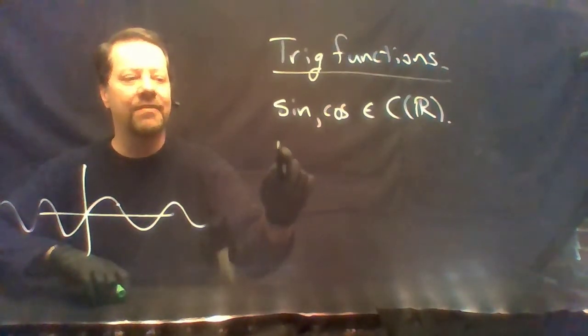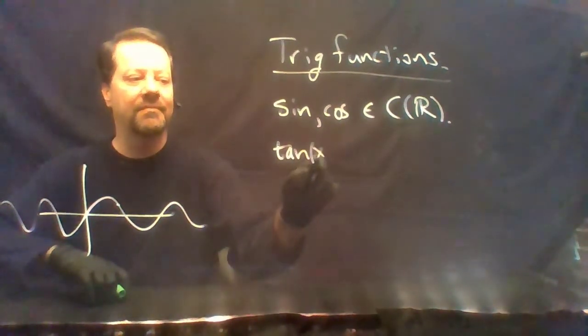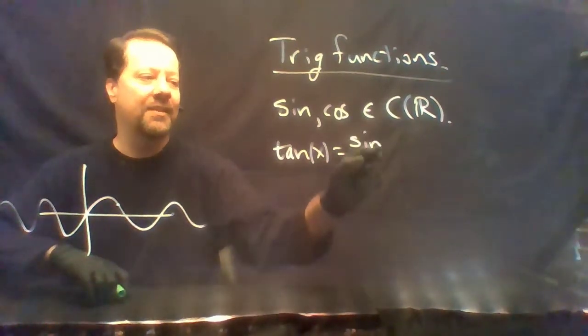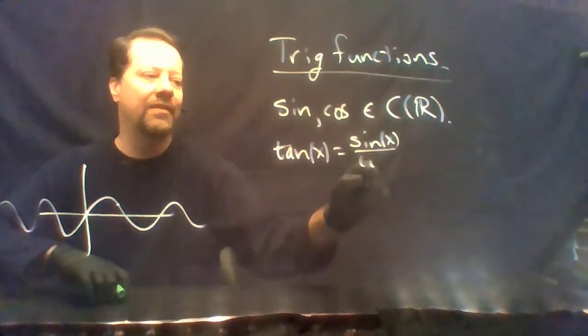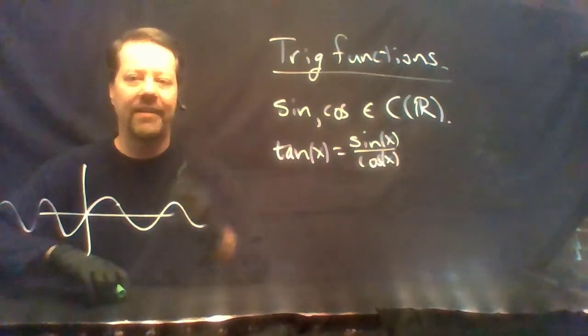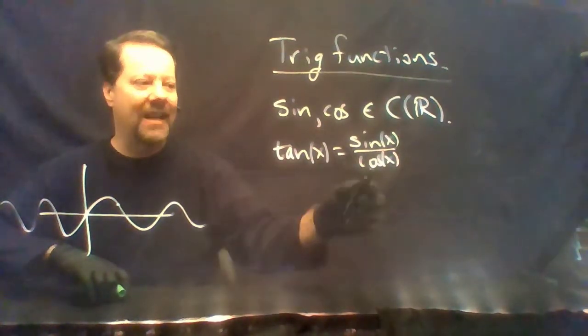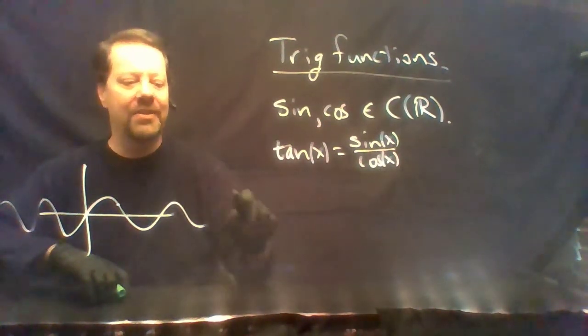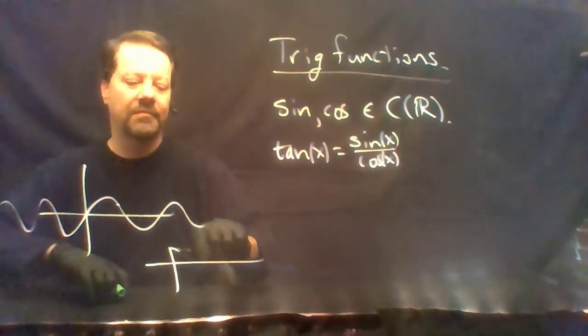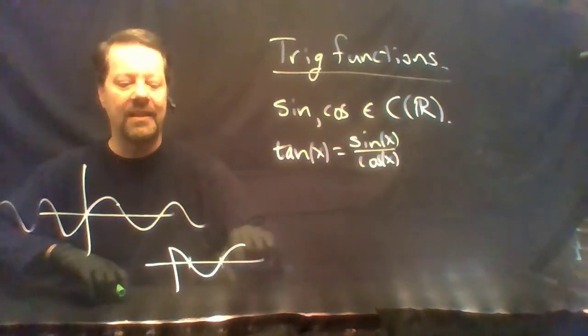That's not true for tangent. Tangent x is sine x over cosine of x. This will not be continuous anywhere that the cosine function is equal to 0.